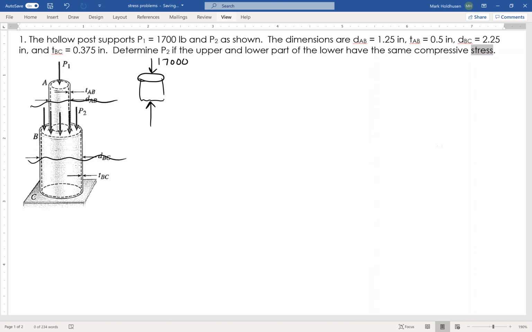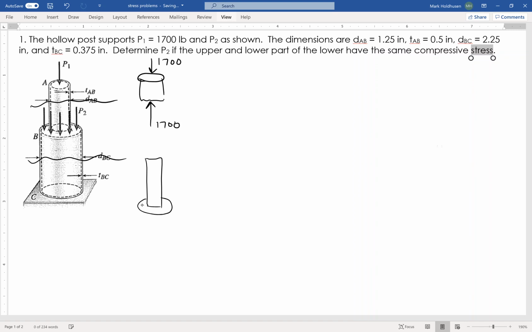No matter where I cut along that length of pipe, it's going to be 1,700. So this is also going to be 1,700.